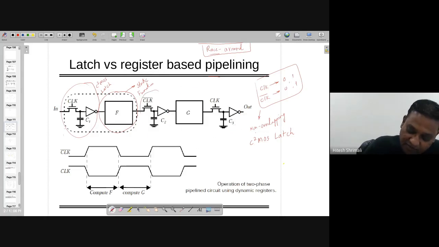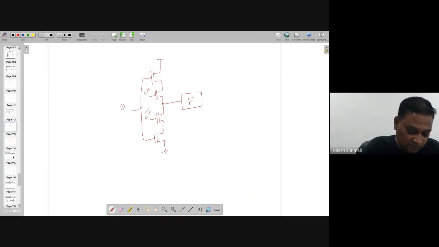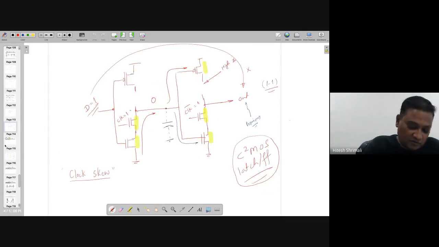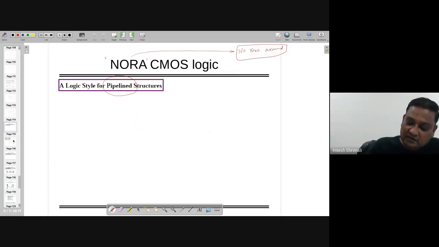Second stage, again, you can implement it with a C-square MOS latch, and each stage you can have a C-square MOS latch, and in between you can use it. So as we have studied, if you want to have the NORA, no race condition, it's known as NORA CMOS logic, where it's going to be useful for the pipeline structure or the cascading of the structure.